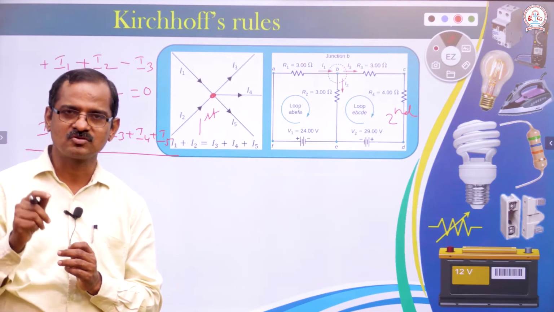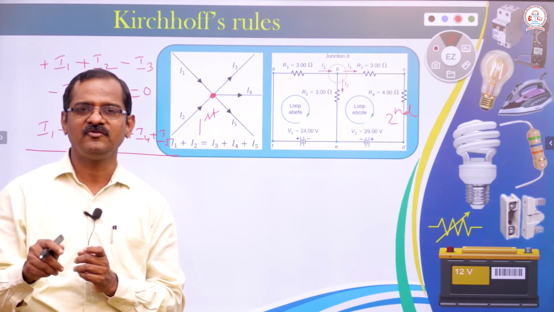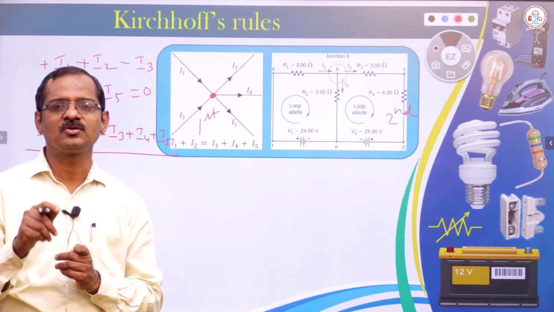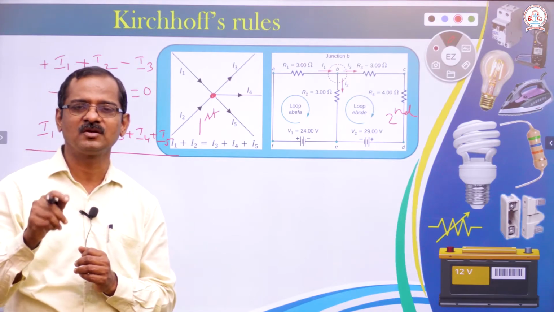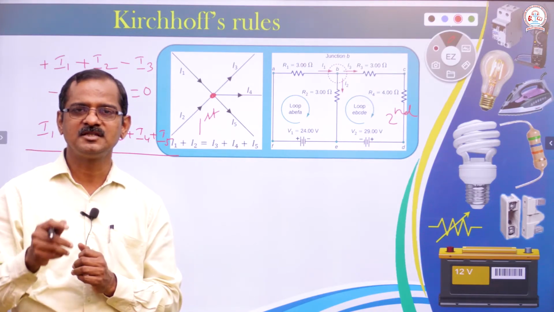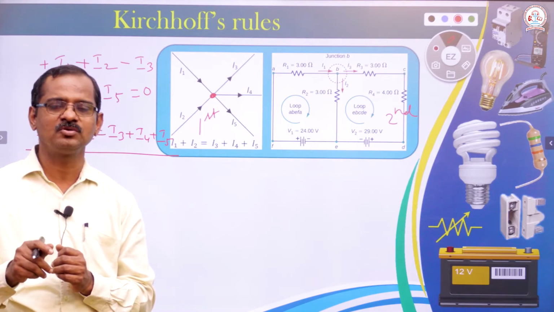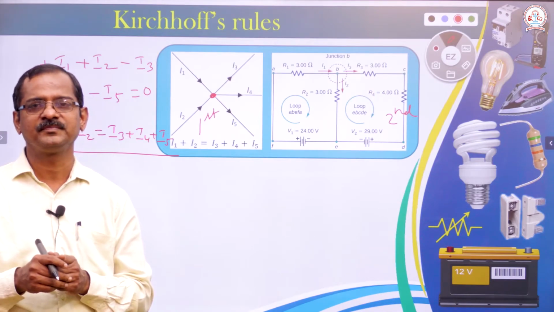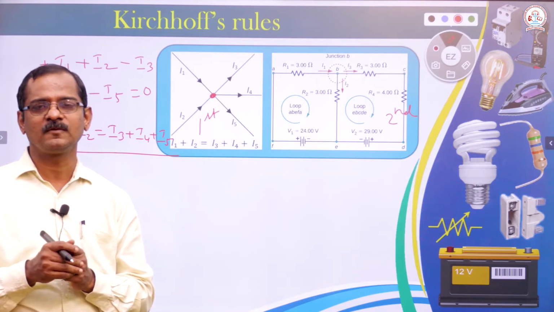Kirchhoff's second rule says that the algebraic sum of the product of current and resistance in a closed circuit is equal to the algebraic sum of EMF of the closed circuit. This is Kirchhoff's second rule, also known as the voltage rule.